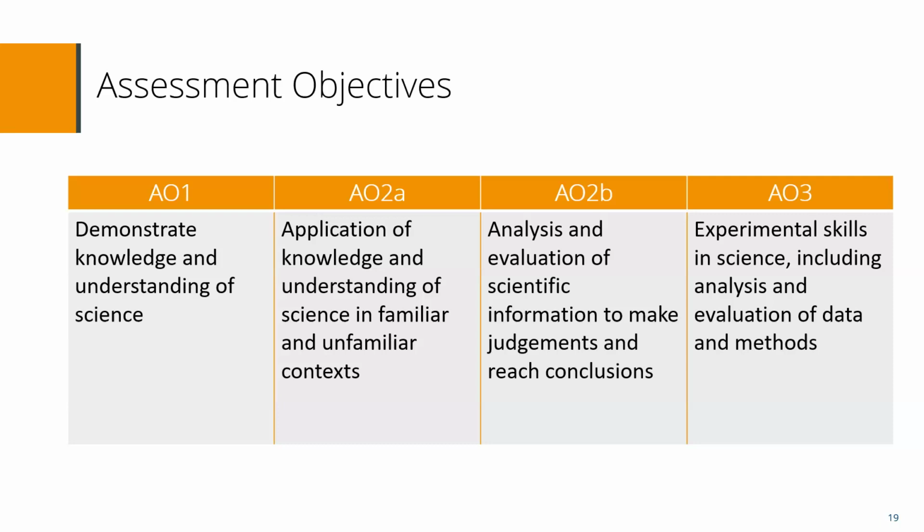AO2B is about analysis and evaluation of scientific information to make judgments and to reach conclusions. And AO3 is about experimental skills in science, including analysis, evaluation, data and methods. AO3 will only appear in units 3 and 6, and AO1, AO2A and AO2B will only appear in units 1, 2, 4 and 5.